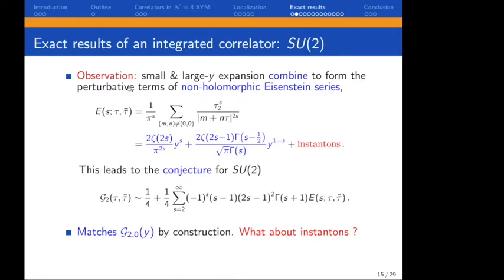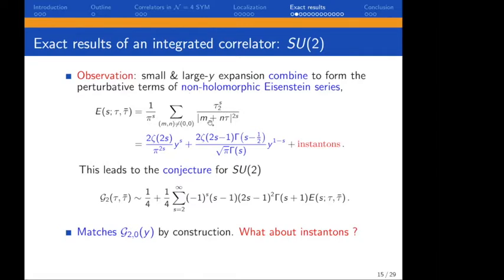Now, let me introduce this main player. The non-holomorphic Eisenstein series is defined as, say, a two-dimensional lattice sum, just like this. So here we just sum over integers, and again tau is a complex coupling. Tau 2 is the imaginary part, which is related to 1 over g_YM squared.